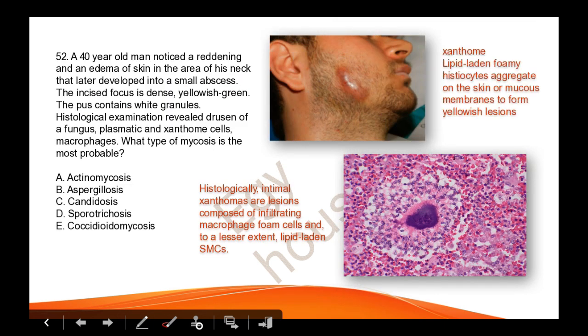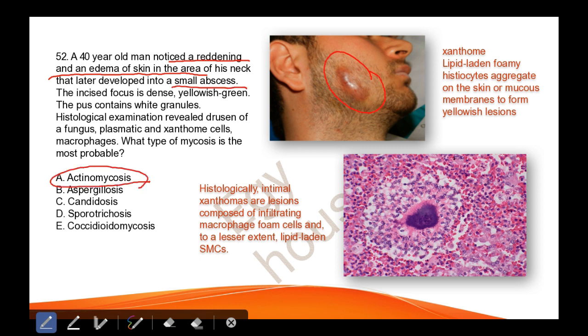So in this question, we have a patient noticing a reddening and edema of the skin areas. This is an example of abscess formation during actinomycosis, and it is a focus of dense, yellowish green color. So the pus contained in this abscess contains granules, and these granules, histologically speaking, after the examination, had fungus, plasmatic, and xanthome cells, as well as macrophages.